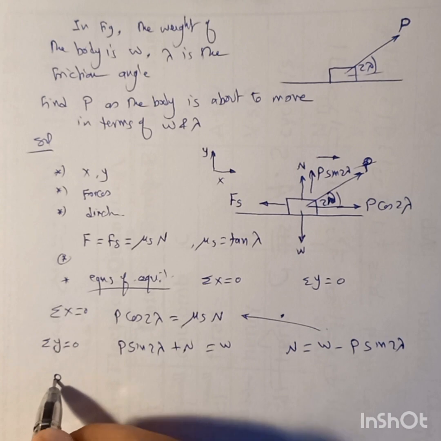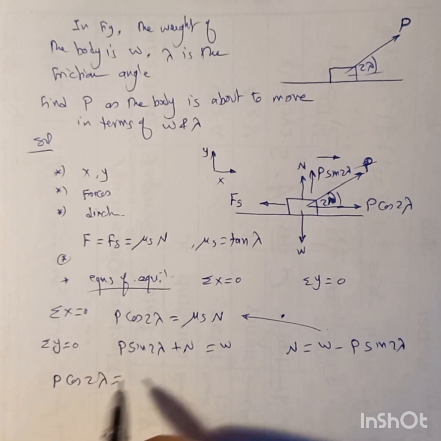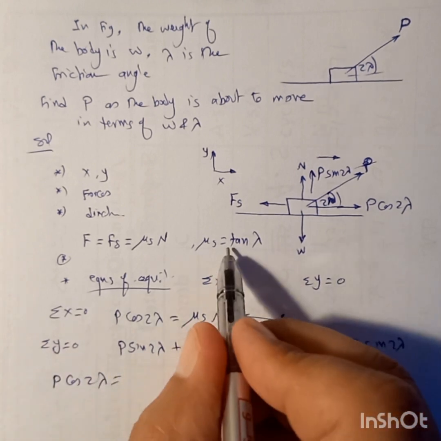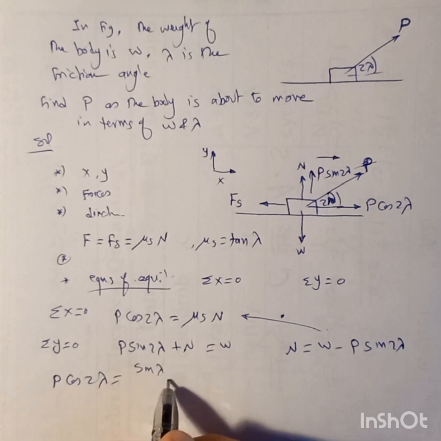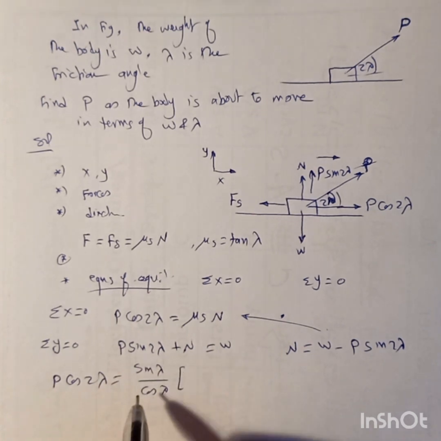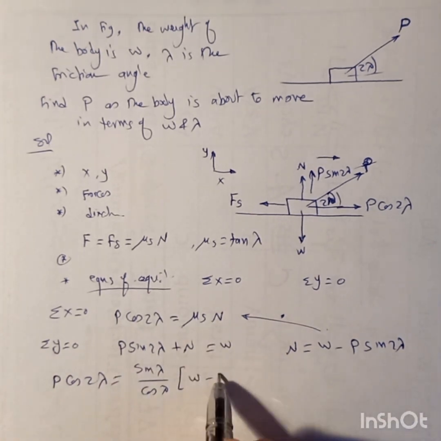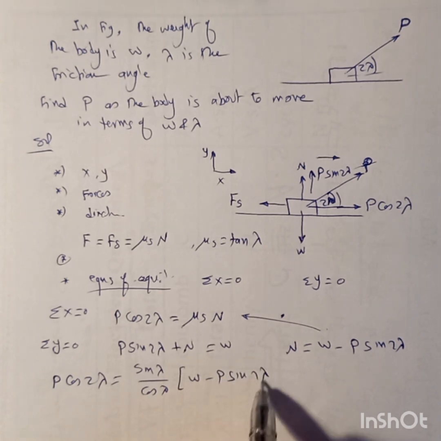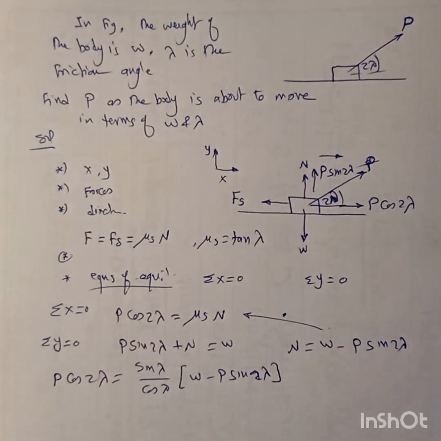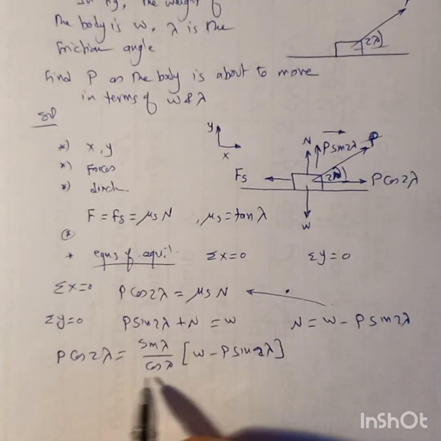Then we have P cosine 2 lambda equals mu s times N, with mu s equals tan lambda, which is sine lambda over cosine lambda, times N, which is W minus P sine 2 lambda. We'll multiply both sides by cosine lambda.